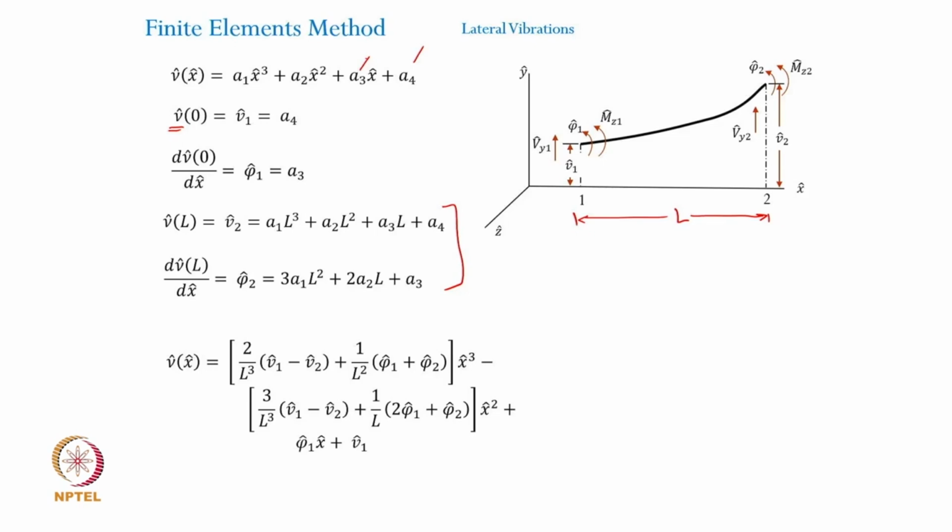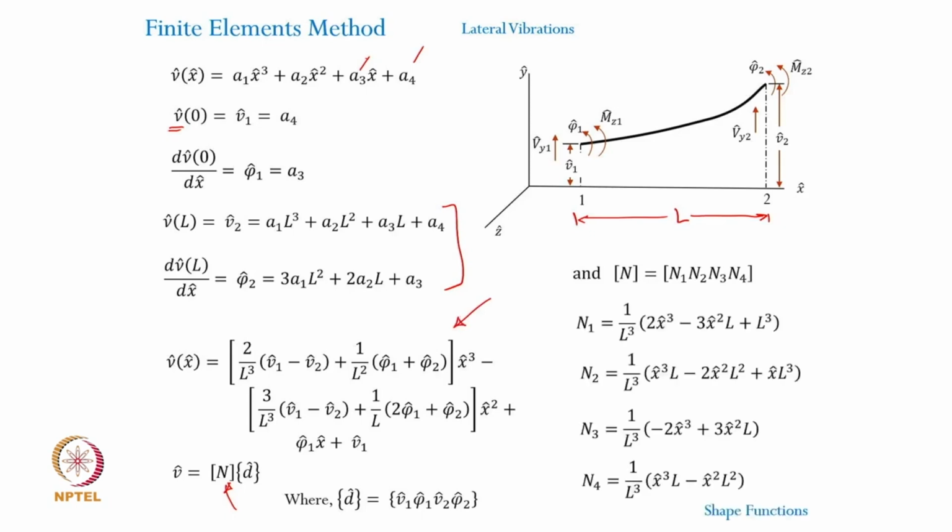This can be reformed into a shape function matrix, and that is given by v cap equal to N matrix, which is a shape function matrix, times the nodal displacements. Where this N, you can figure out by rearranging this in terms of these nodal displacements, and x cap is the spatial variable within the element.